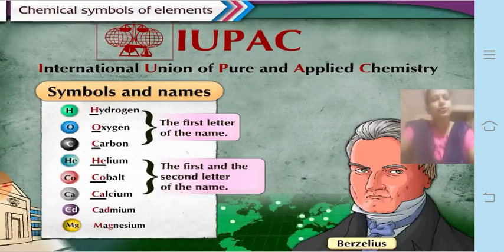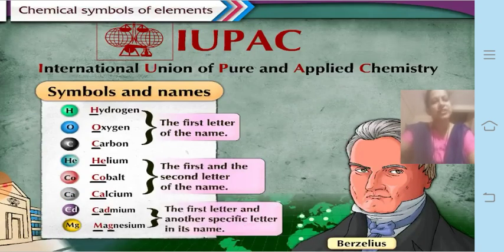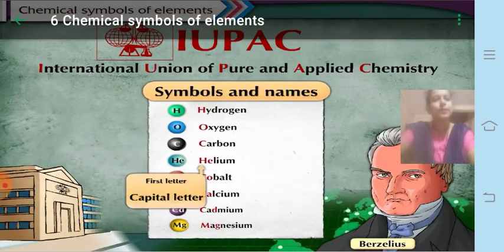Then he also chose another one: for example, if there are 2 or 3 elements beginning with the same letter, then the first and the second letter of the name was chosen. And again, there the first letter and another prominent letter was used from the name.